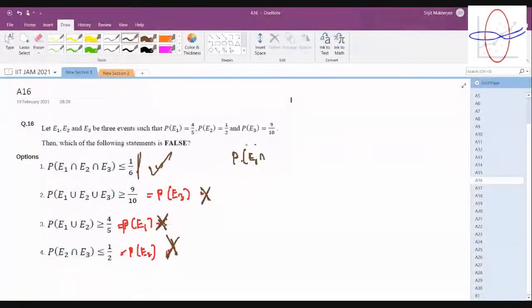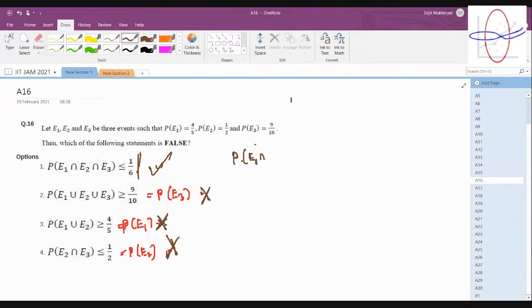So maybe you need to find a lower bound for that. I think that's easily possible. Yeah, I believe so. So that's interesting.